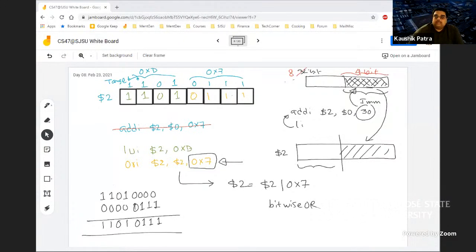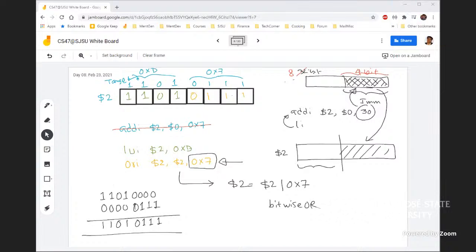Apparently you can, but let's see an example. So ADDI, first of all, is not a bitwise OR operation. It has a more significant effect. Let's say you want to do add here instead of OR.